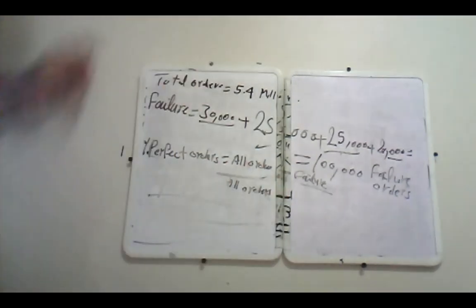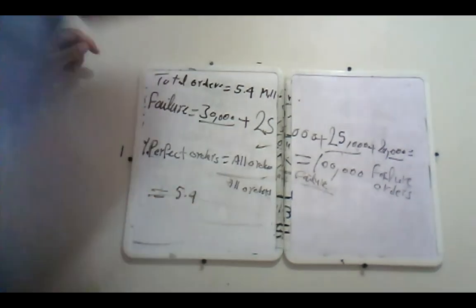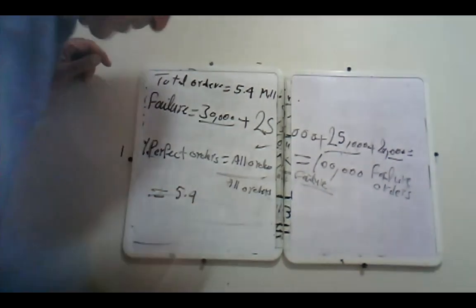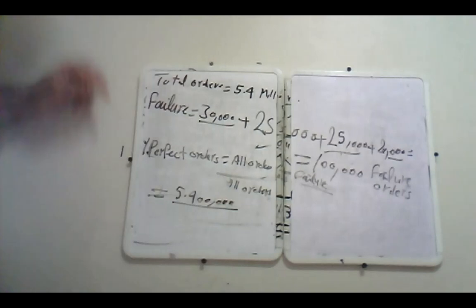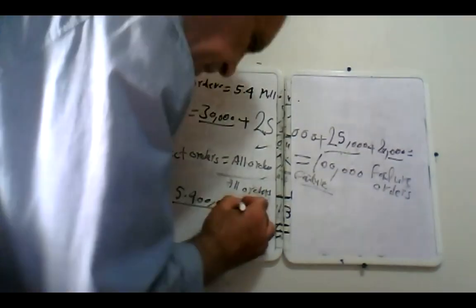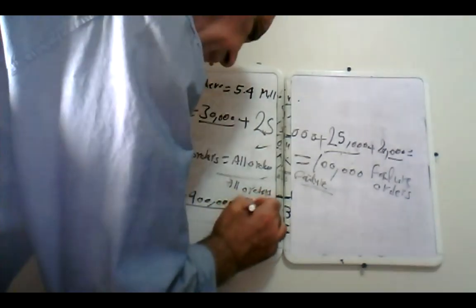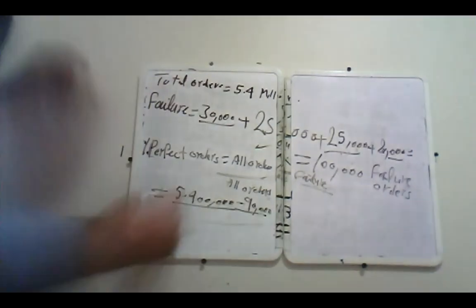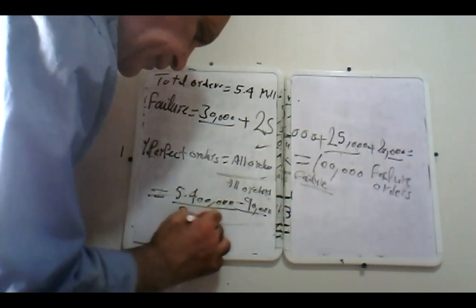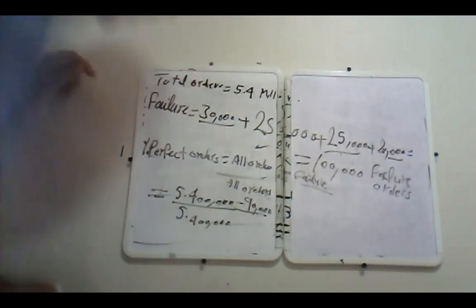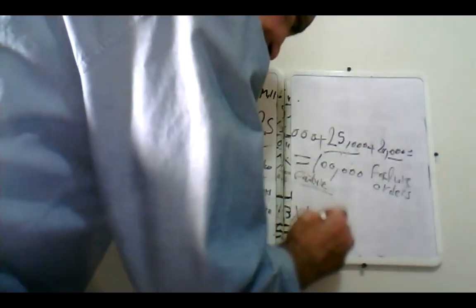Simply, this will equal 5.4 million, which means 5,400,000, minus the 90,000 which were failure, divided by the 5,400,000 again, multiplied by 100%.